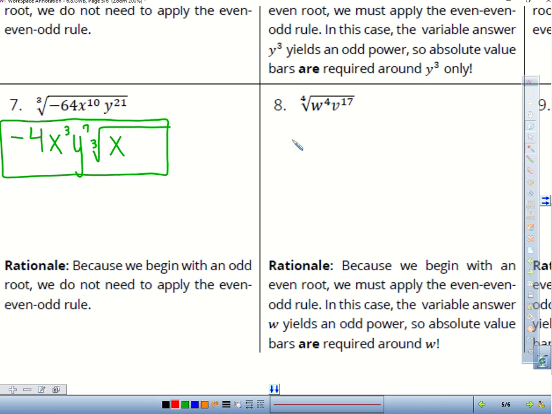4 divided by 4 is? So w to the 1. Go ahead. And then v to the 17th, that's going to become? 4 to the 6. Good. So it's going to become 16 because of the 16th. And then what has to stay behind? How many of these? 1.